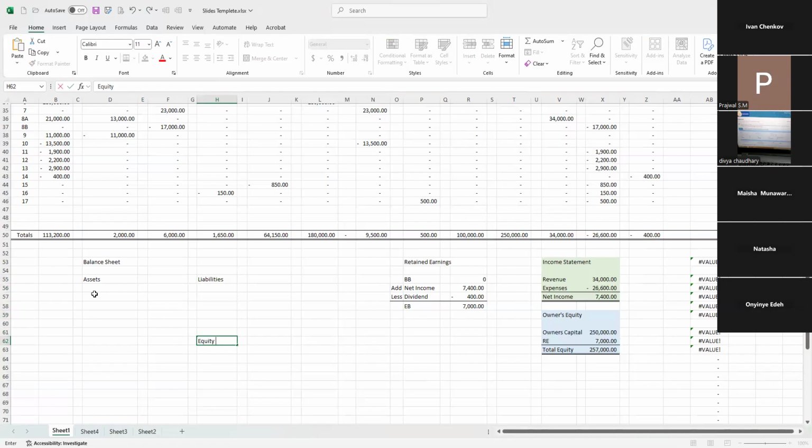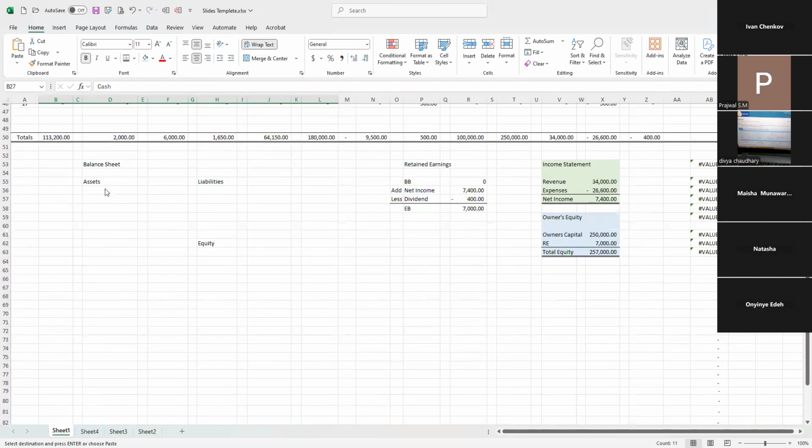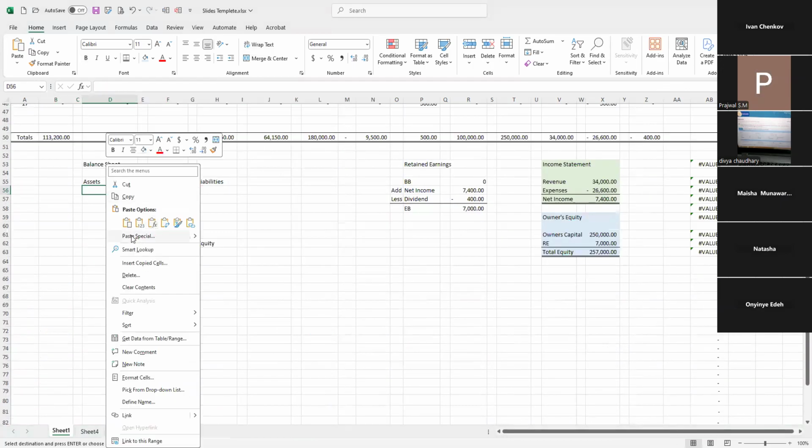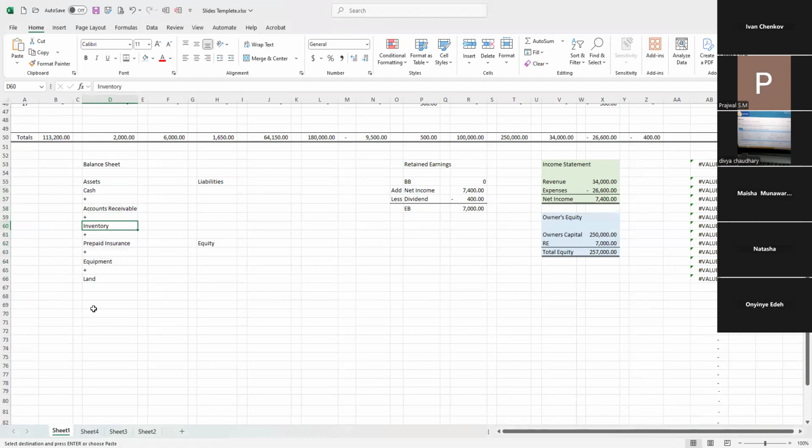And we have to make sure that we are in balance, correct? How many assets do we have? Those are our assets, correct? So we copy, and let's put it here. Paste special values. Boom, boom. Those are our assets.